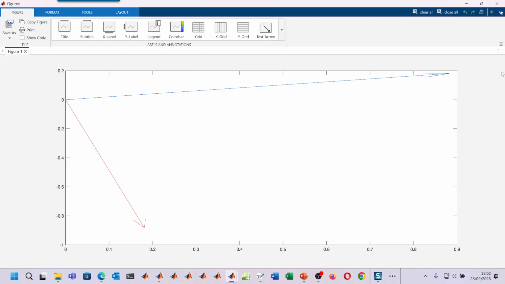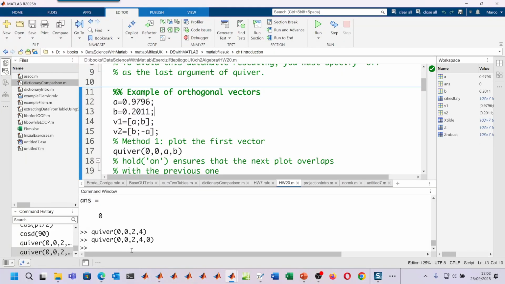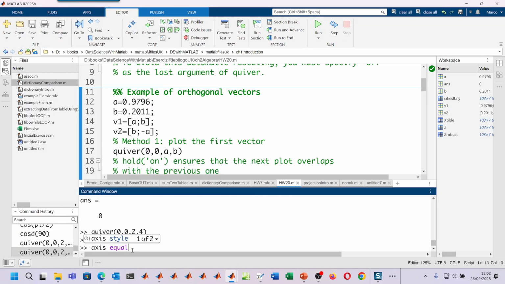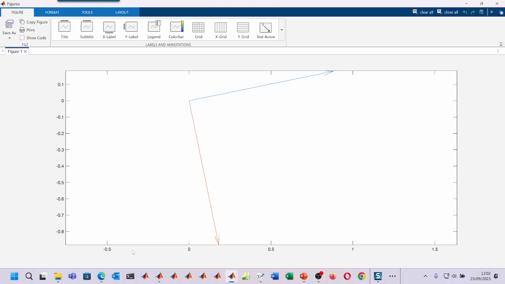Let me put axes equal, to have the same scale, so you can really see the perpendicularity among them. Okay, 90 degrees angle. The cosine is 0. The vectors are orthogonal. The variables have no correlation.